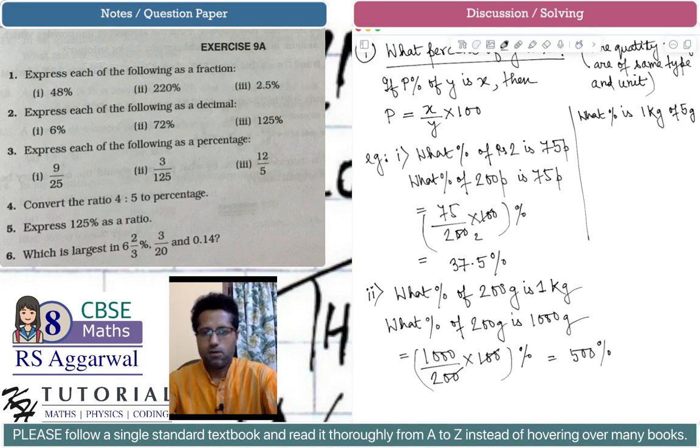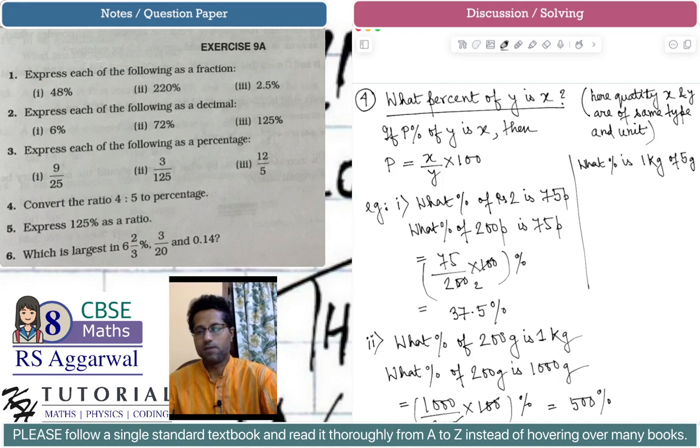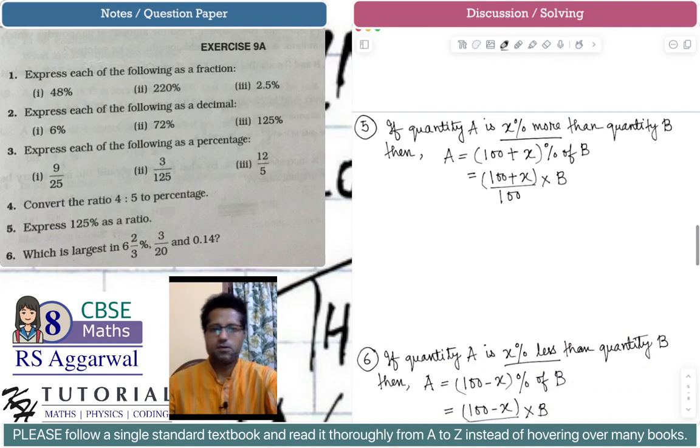Okay, so this was about what percentage of y is x, where of course the quantities y and x have to be of the same type and same unit. The next concept is that often this phrase is used: if quantity A is x% more than quantity B, then, now the quantity A and quantity B are obviously of the same type and same unit, only then will this work.